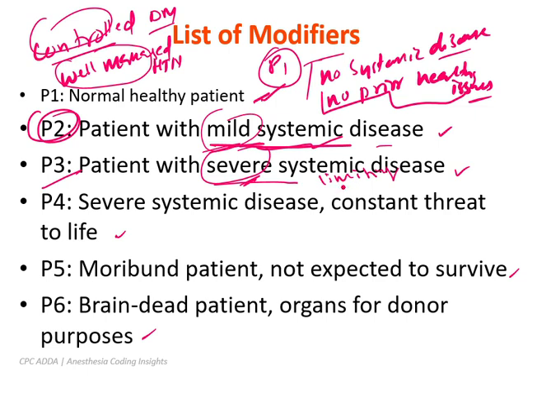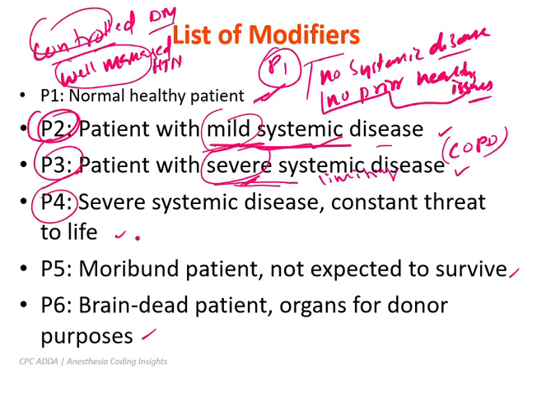COPD, chronic obstructive pulmonary disease, is also an example of severe systemic disease with no threat to life. In these conditions we use modifier P3 at the time of administering anesthesia.